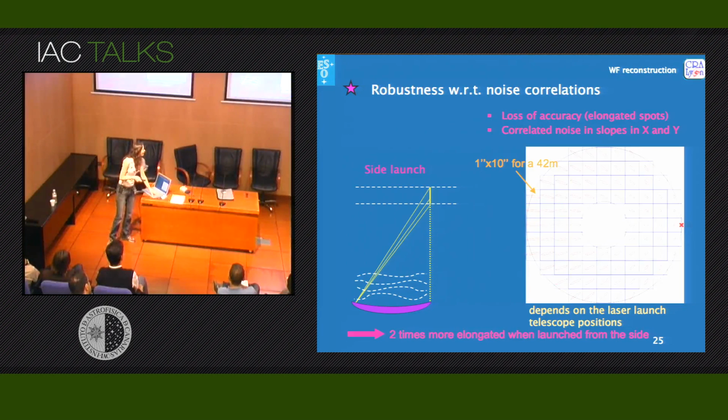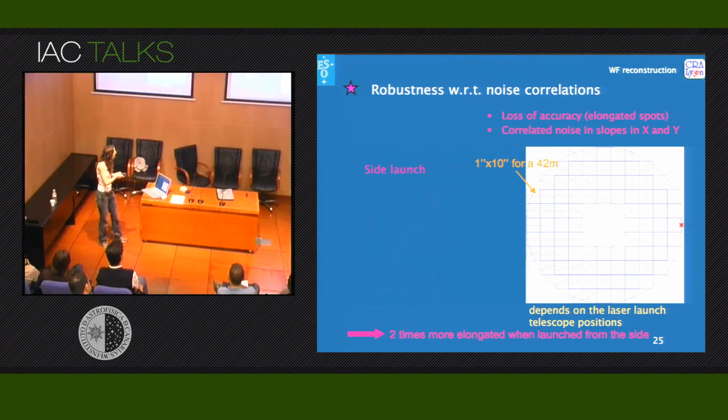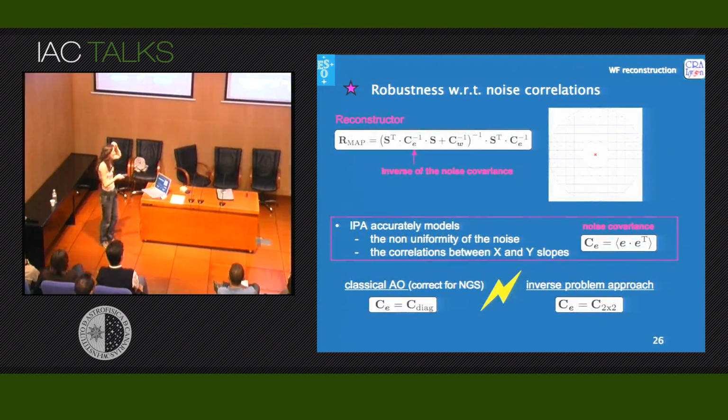This is not true if you look at the elongation, which is so important. You have correlations between the slope errors in x and y because of this elongation. And the error is much bigger when you have a large elongation than when you have a small spot.